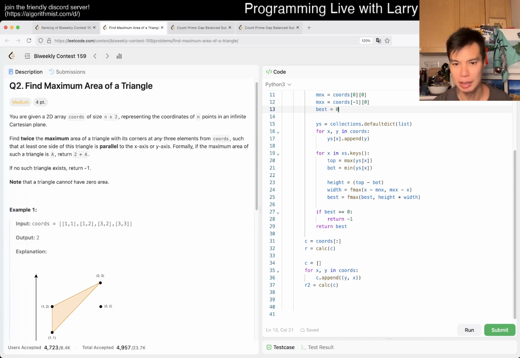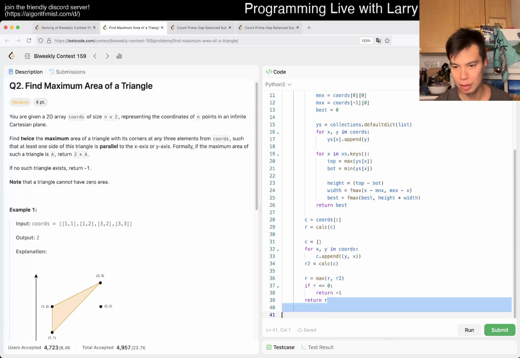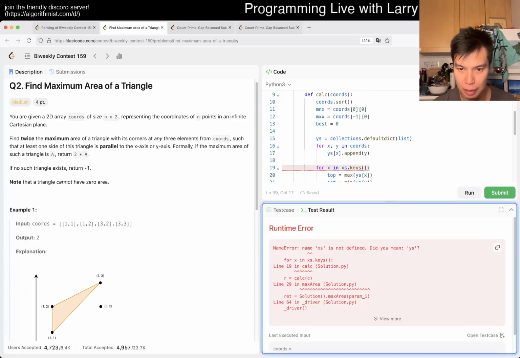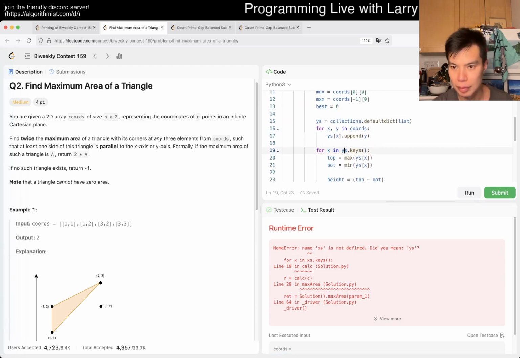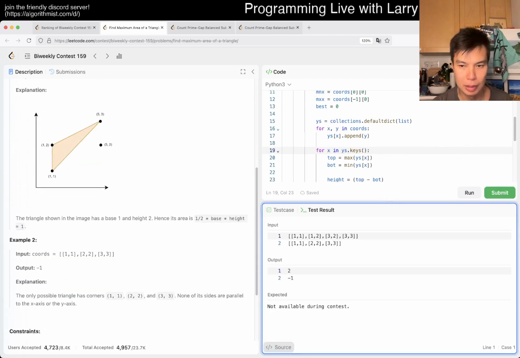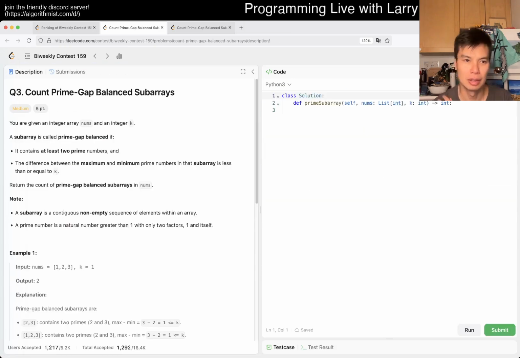I guess 0 is fine actually. Max of r1, r2. I feel like I'm very slow today. 2, -1, YOLO submit. Hopefully, okay, good.